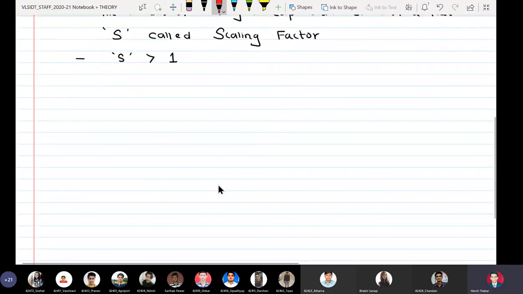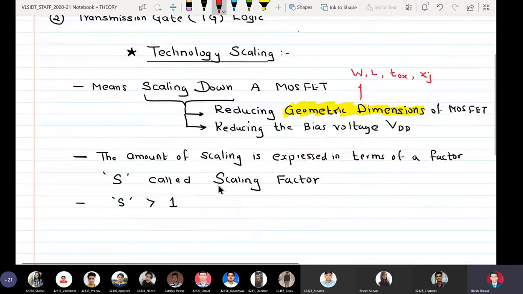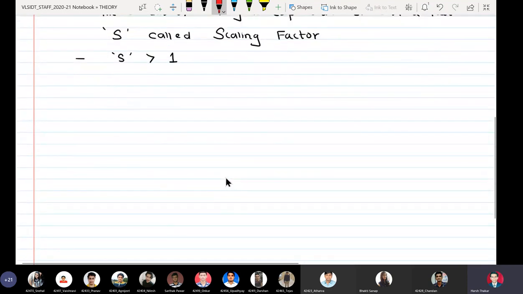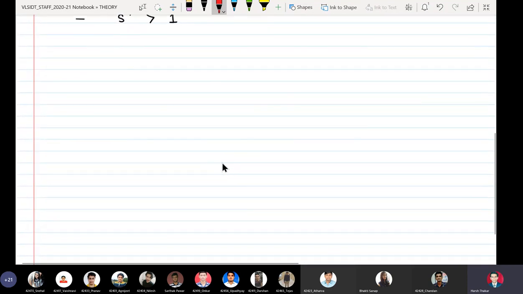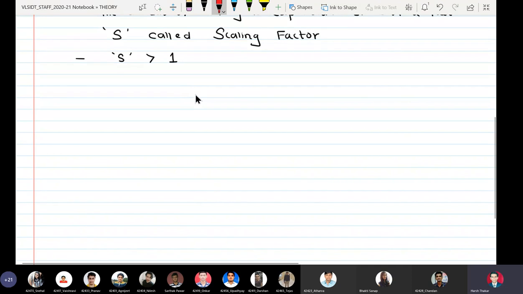Now we have to classify the different ways that I can scale down a transistor. That is why we have to classify what is called transistor scaling. You can also see it as MOSFET scaling.